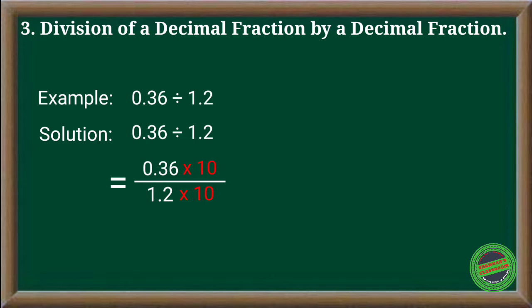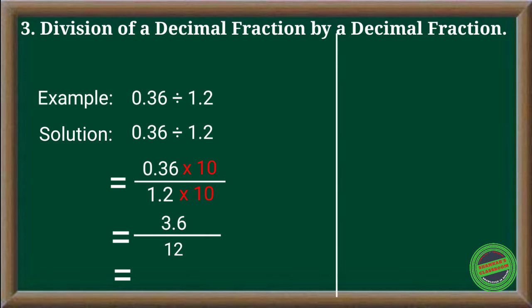So after multiplication, the numerator becomes what? The decimal point moves towards the right, so it will become 3.6, and then the denominator 1.2 becomes only 12, that is a whole number. So just divide this 3.6 by 12 and then the quotient will be the answer. So just see the division and then you get the answer, which will be the quotient.